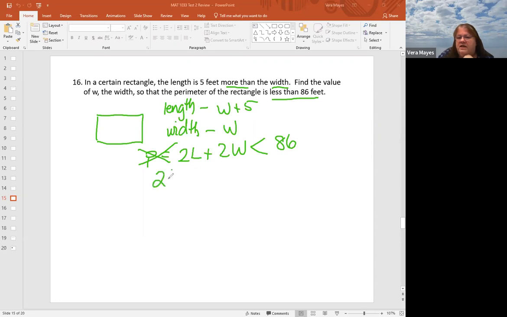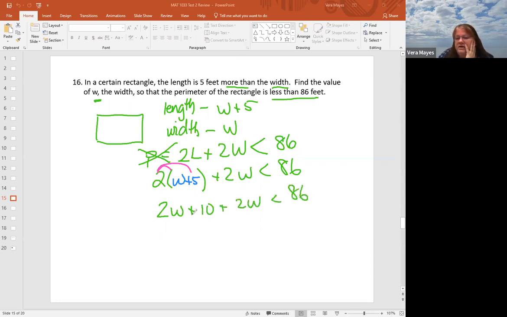So I'm going to take that length and replace it with that W plus 5. So now everything's in terms of W, and that's what I'm solving for. And then I can go ahead and distribute, and then combine like terms and solve.